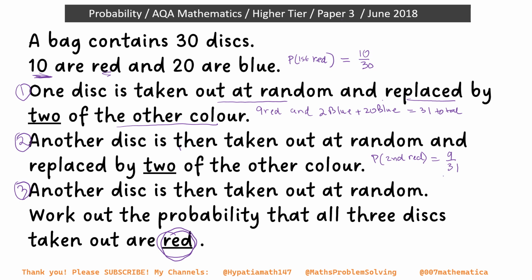So you have 8 red and 2 of the other color, so again 2 blue, plus there are already 22 blues. Then the total would be 8 plus 2, 10, and 22, so that is 32 total.